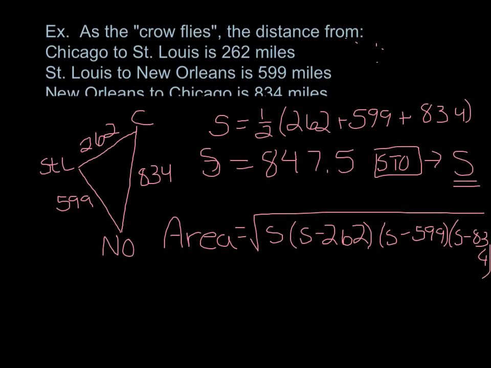Okay, so on my calculator, I'm typing alpha S. I typed in the square root of, and it'll give you a parenthesis. If you've stored it in S, you can go alpha S, and that'll be your 847.5. And then you don't need the multiplication sign, just use parentheses as your multiplication.